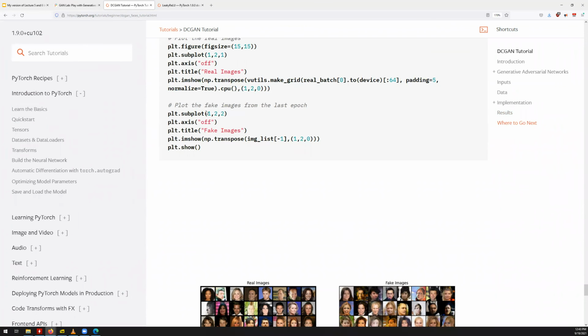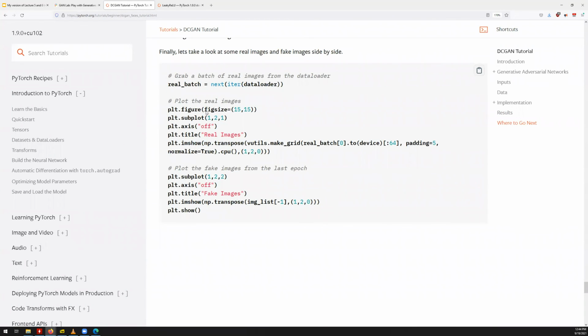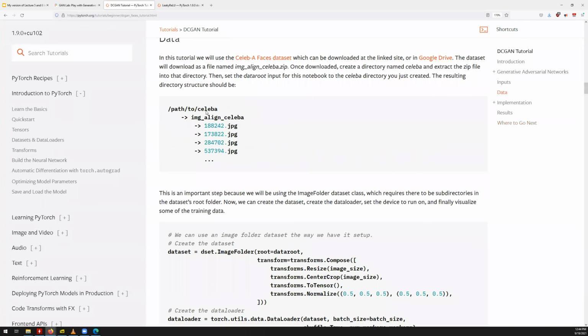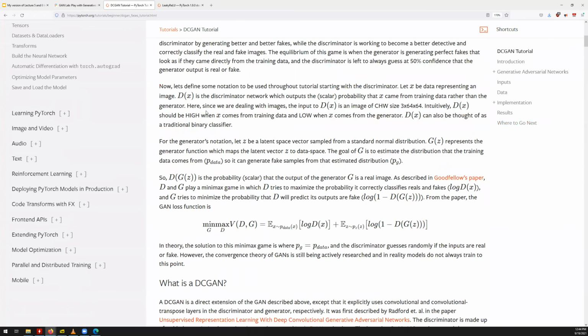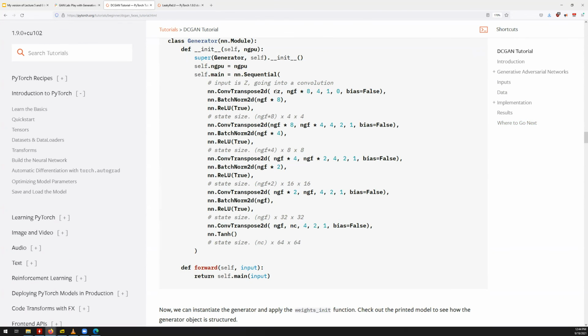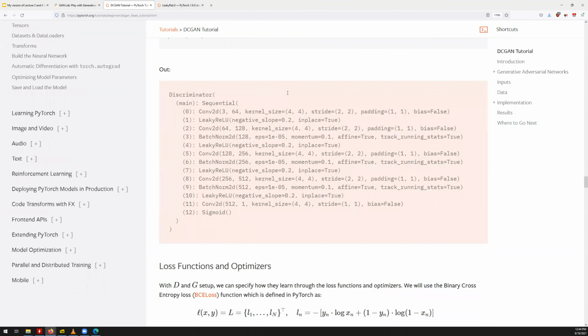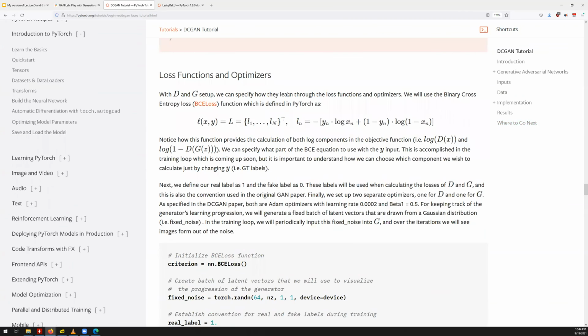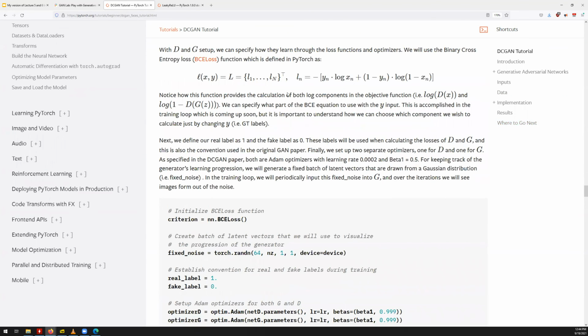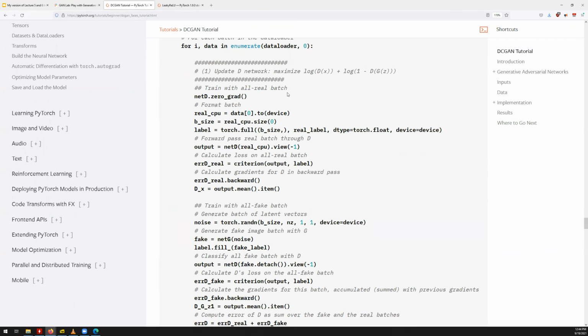Oh, let's see. Okay, I should just look at the input. They specify here. Nope. Okay, nz and nzf. Where did they load the data? Sorry, I'm scrolling pretty fast.